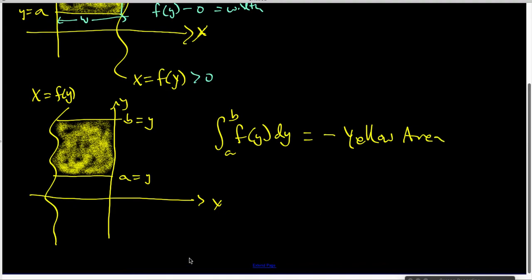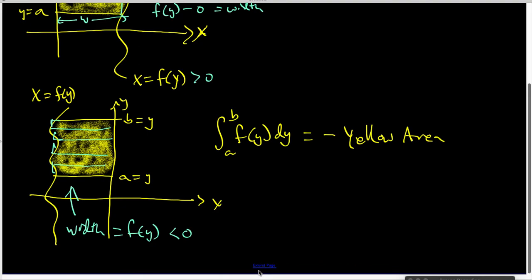The reason is that if I chop this up into rectangles, using our Riemann sum definition, the widths of the rectangles are equal to f of y, and f of y is less than 0 because the function is to the left of the y-axis, where x values are less than 0. And so the area winds up being a negative area.